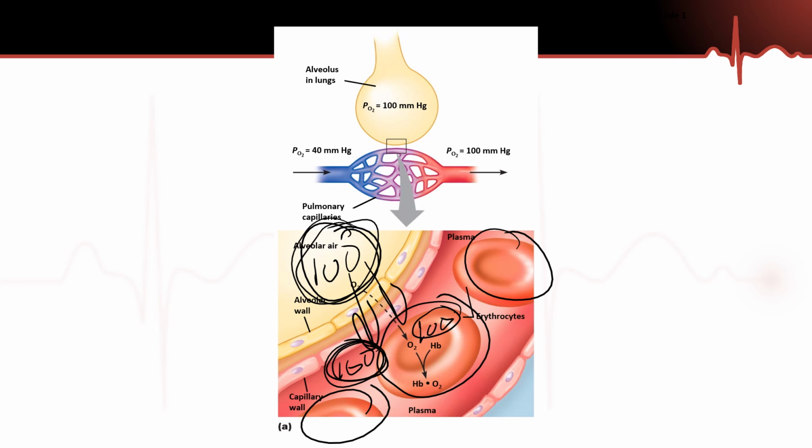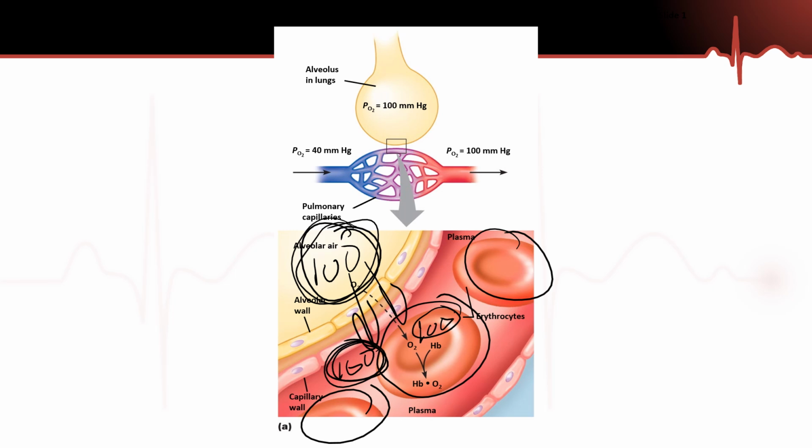We can hardly carry any oxygen within the watery component of our blood, because the watery component of our blood is mostly made up of water, and thus it's polar. Oxygen is nonpolar. It can't exist very well within the watery component of our blood. We can't transport much oxygen in our blood plasma.